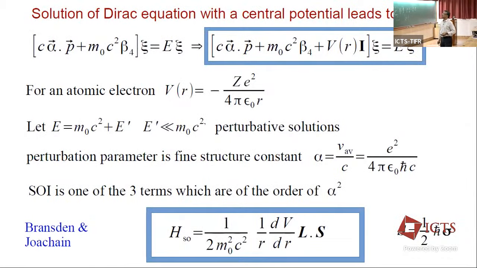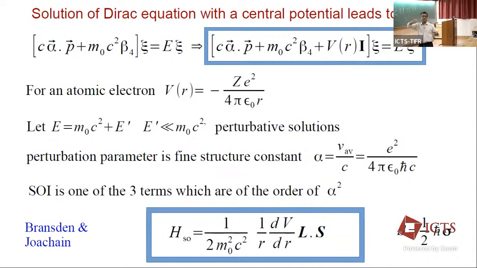Now, solution of the Dirac equation with a central potential leads to what is called spin orbit interaction. I will not go into the details of the derivation; in any standard atomic physics or quantum mechanics book you will find it. This is a first order differential equation, but with 4x4 matrices.